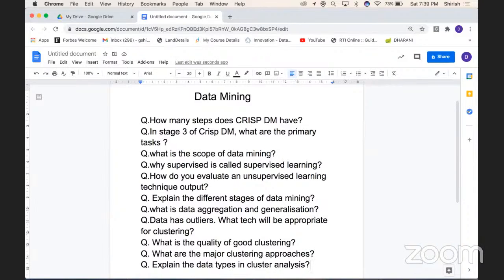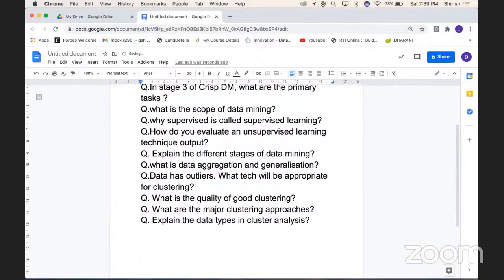What data types is there a possibility that we will come across?